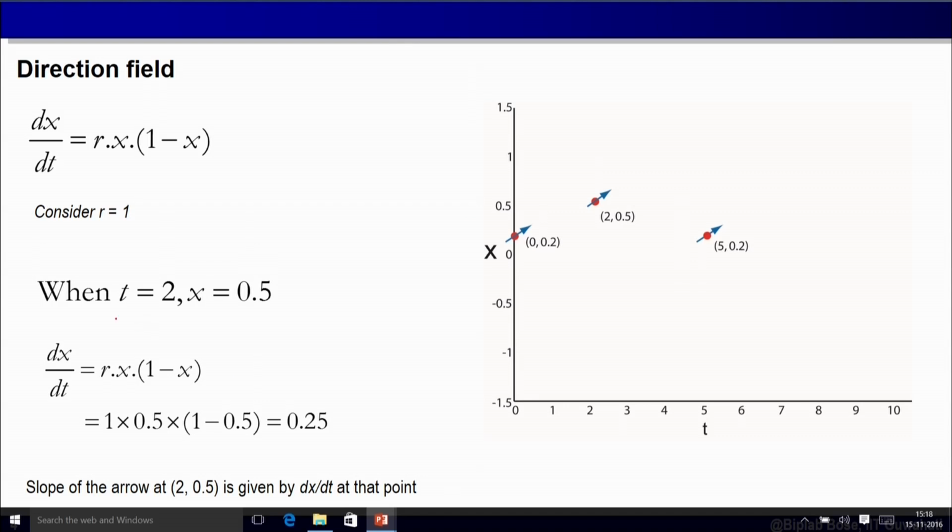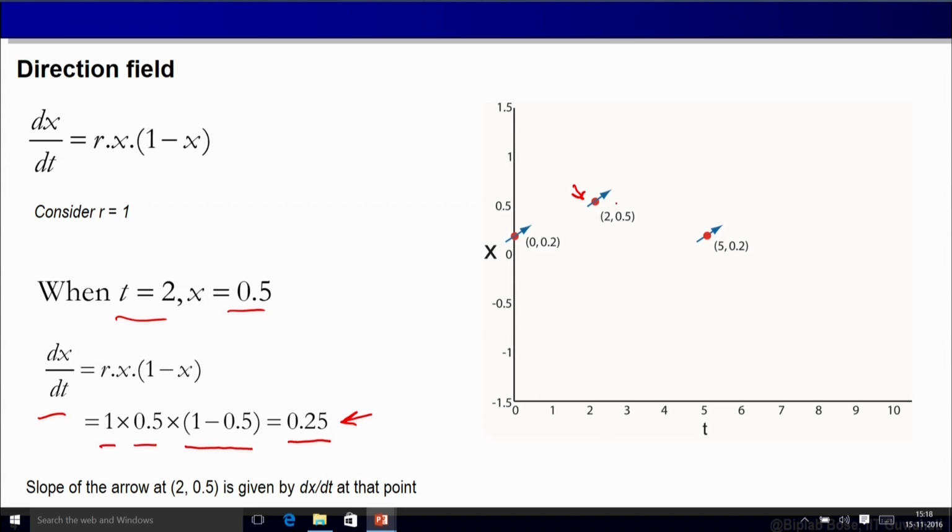For example, at x equal to 0.5, that I have shown here, and calculate dx/dt there. It will be 1 into 0.5 into 1 minus 0.5. So if you multiply, it will be 0.25. Let us put an arrow there. Obviously, the arrowhead will be pointing up because I have a plus sign there in the dx/dt. So the slope of that line will be 0.25 as I have calculated. It is equivalent to almost 14 or 15 degree.